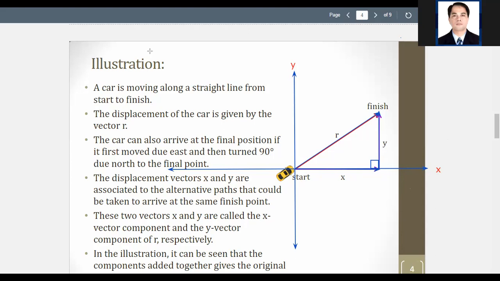This is how we could think of a vector R that has two components. Maybe x here we could call the horizontal component, and our y we could call the vertical component.